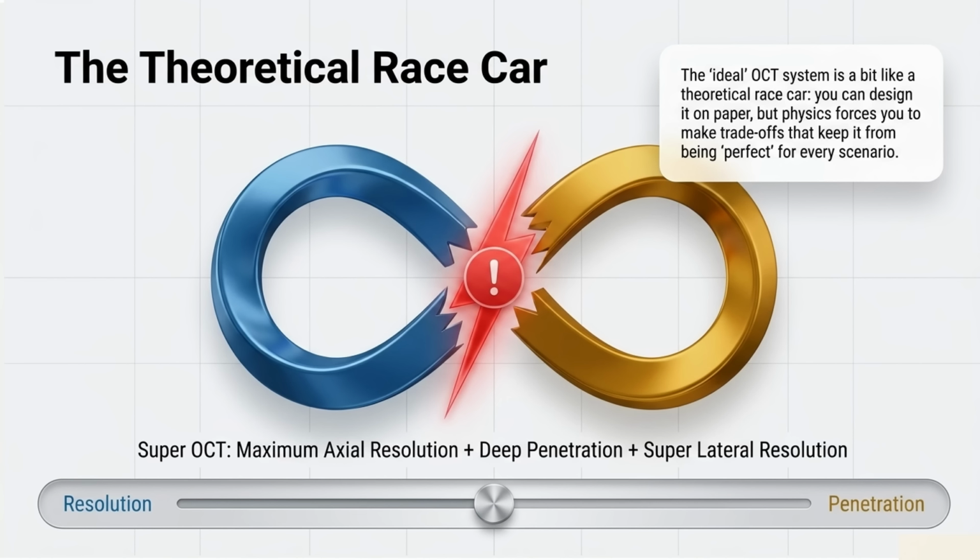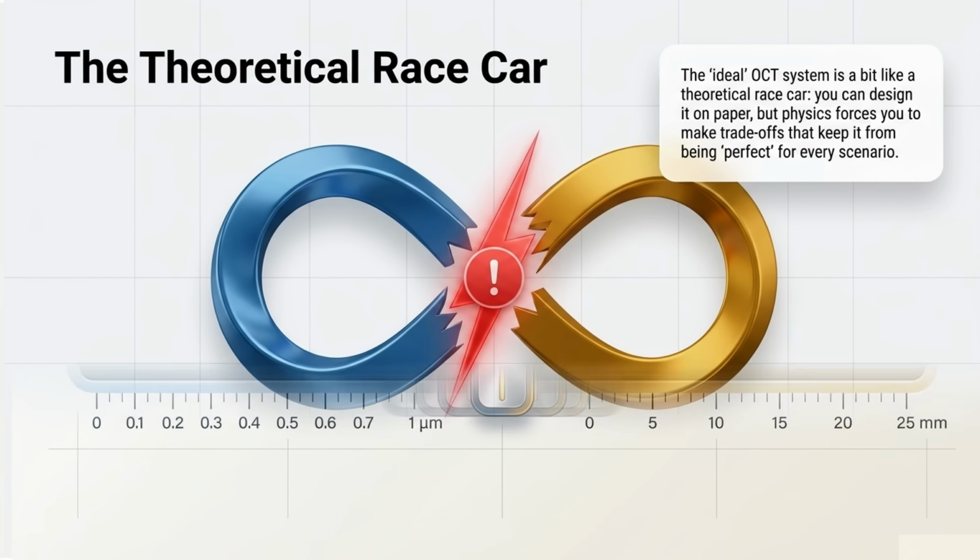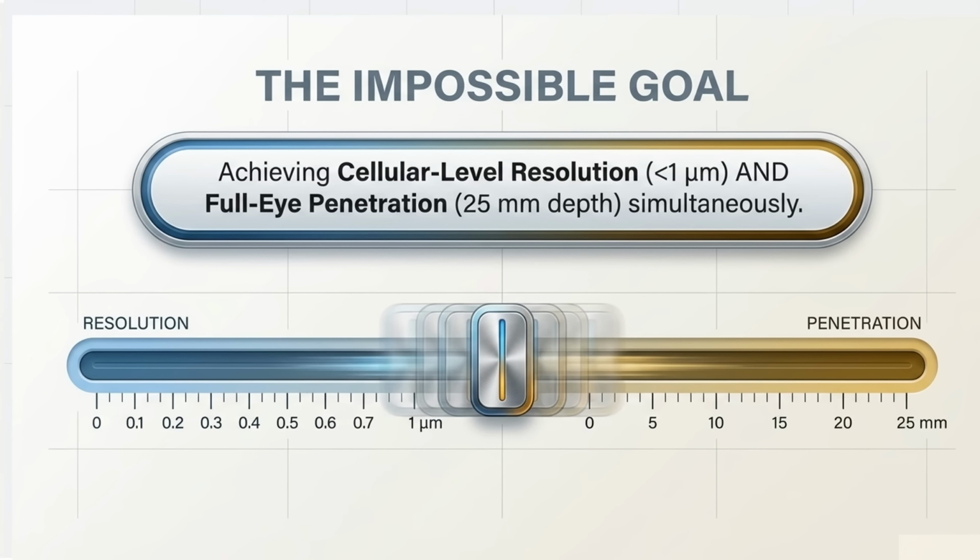The same is true for the OCT. It is an impossible mission to have very high speed with very high resolution and very high penetration at the same time. As you can see here, you have to choose either to go in this direction or in this direction, and we will explain how you choose high resolution or penetration based on your need for the patient and what type of image you want to do.